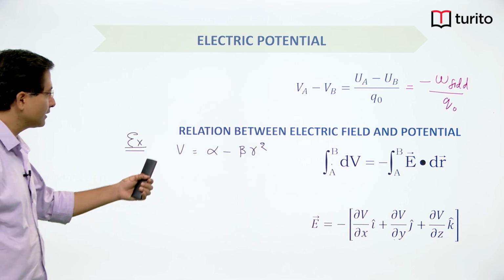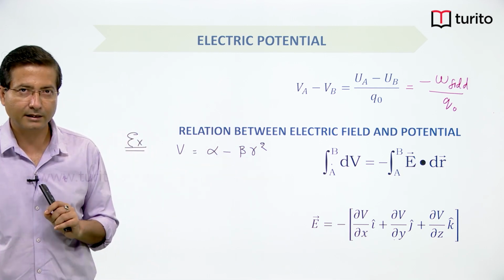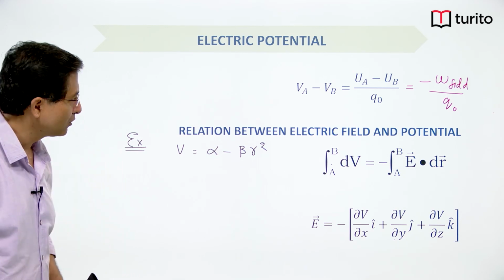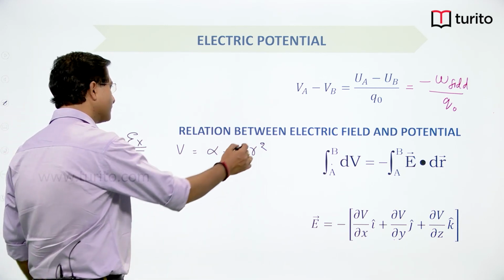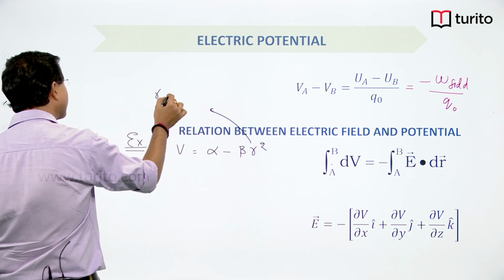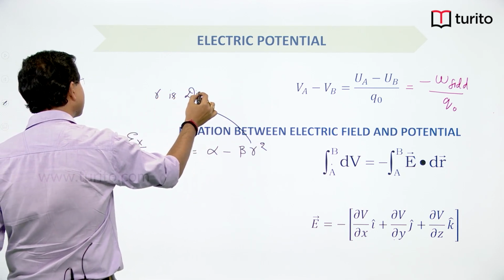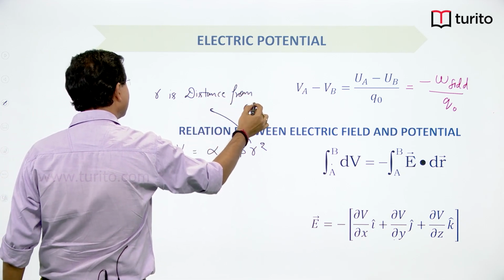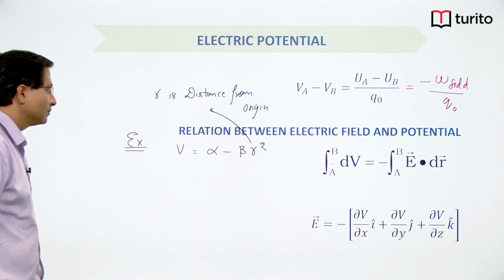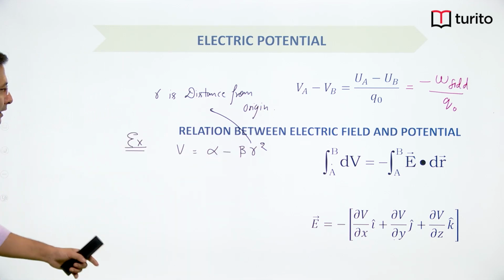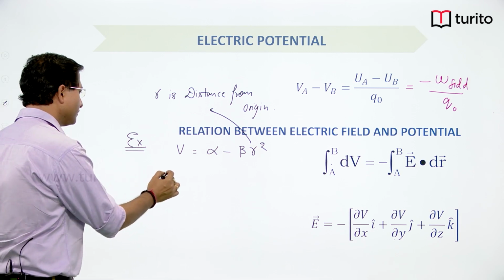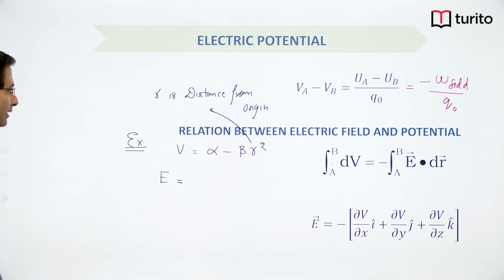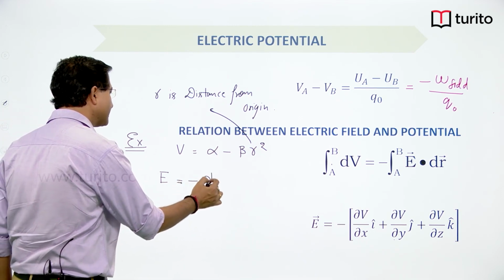Now, here it is not given in terms of x, y, z coordinates, directly it is given in terms of r, where r is the distance from origin, right. If I ask what is the field, E is equal to, then as it is a function of r only, you can directly write minus dV by dr.